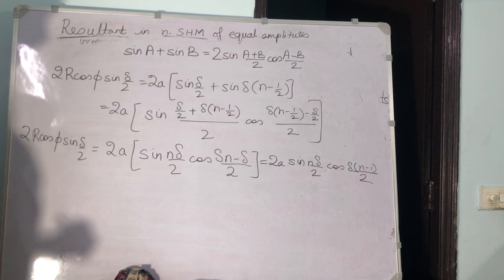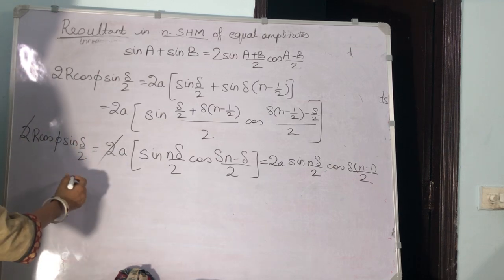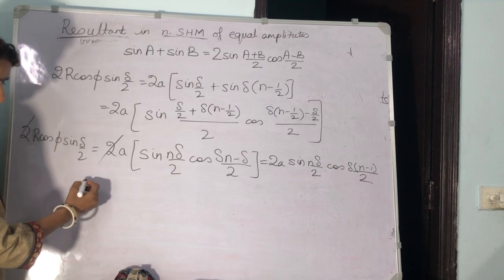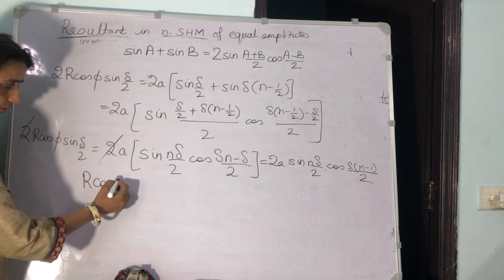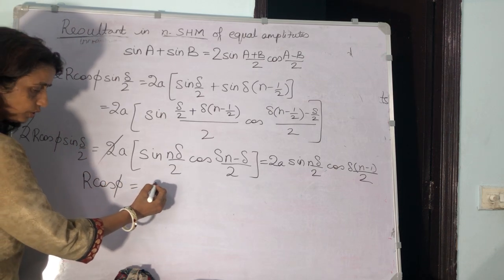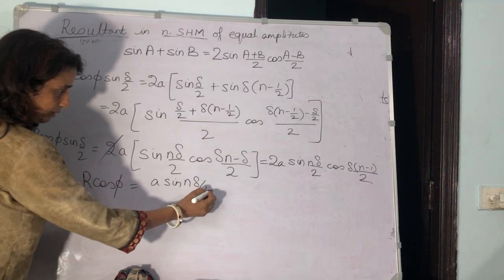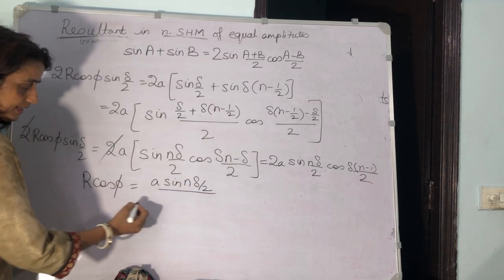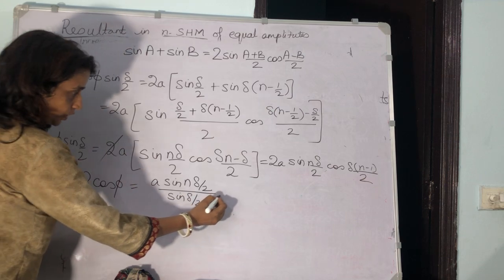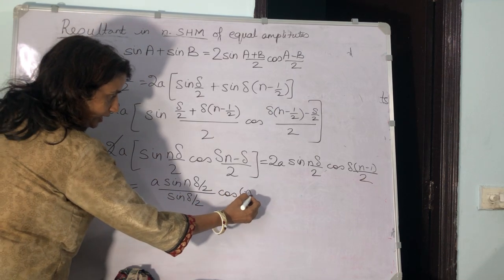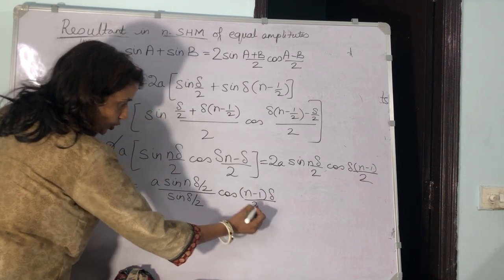Now what we can do is this 2 and this 2 get cancelled, and what are we left with? We are left with r cos φ is equal to a sin(nδ/2) divided by sin(δ/2) cos((n−1)δ/2).